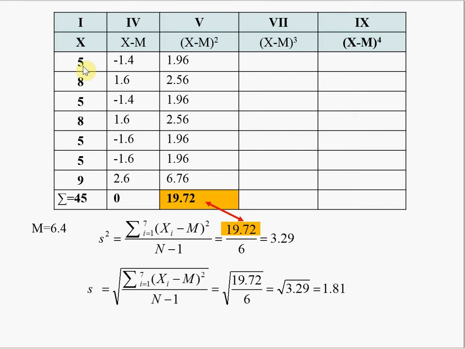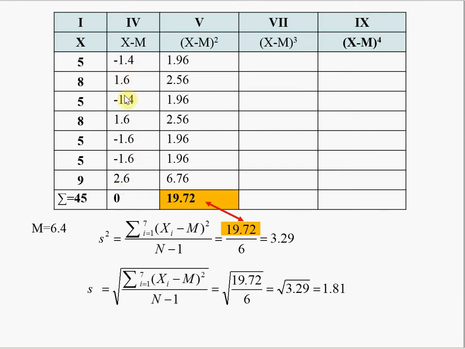5 minus 6.4 is negative 1.4. 8 minus 6.4, we have deviation 1.6. You do the same for every single observation. This is the deviation. And if you find the sum of all deviations, it turns out to be 0, because there are positive deviations, there are negative deviations.